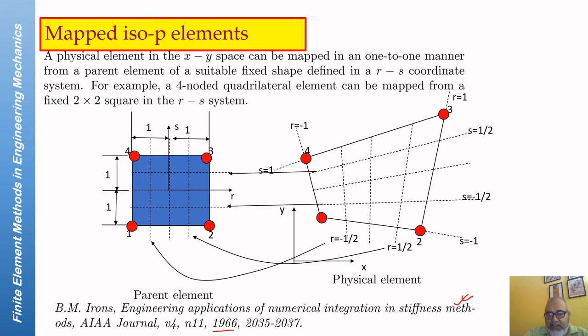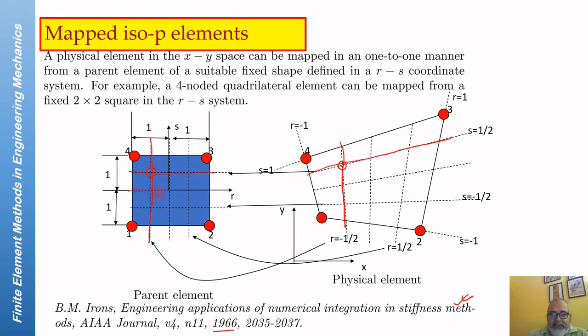Now, one-to-one means that every point in this parent element is mapped to one and only one point in the physical element. So this point here is mapped onto this point here. Every line in the RS coordinate system, this line is r equal to minus half, is mapped onto this line here. Similarly, this line is s equal to plus half, and that is mapped into this line here.